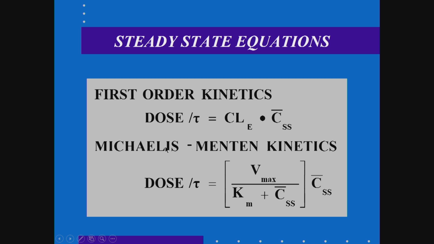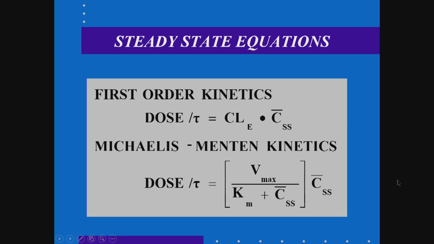In the case of drugs that follow Michaelis-Menten kinetics, like phenytoin and ethyl alcohol and aspirin, you need to apply this equation and this term in lieu of this clearance of elimination term.